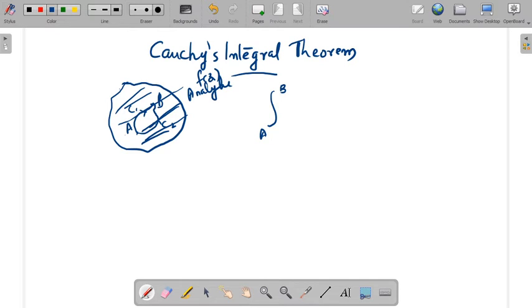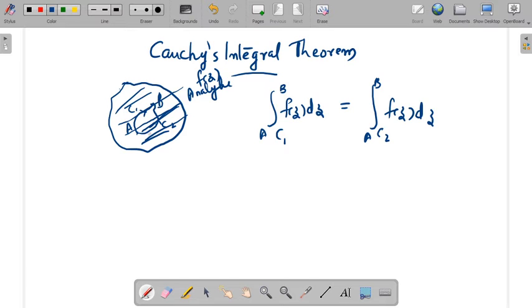So in particular it is analytic inside this closed region. So the integral from A to B of f of z dz evaluated on C1 will be equal to the integral from A to B along C2. This you can easily prove using Cauchy's integral theorem.